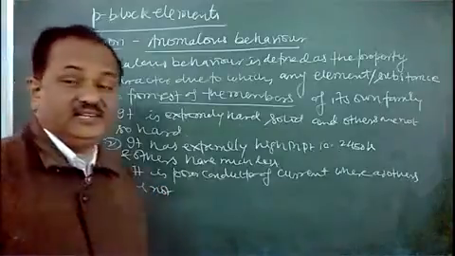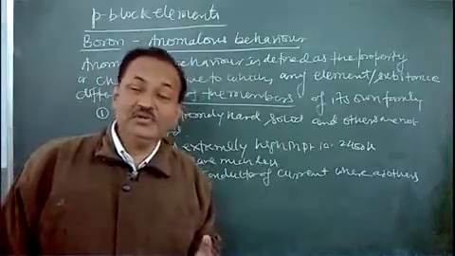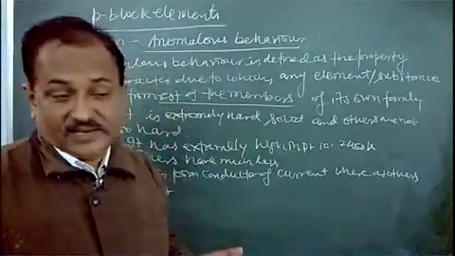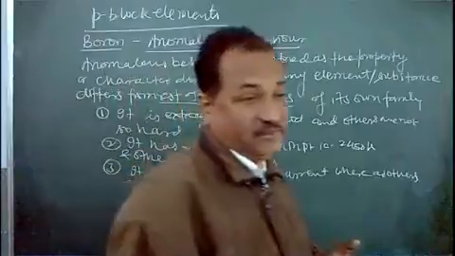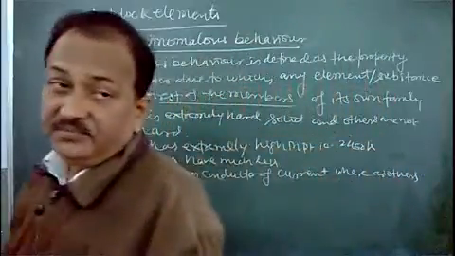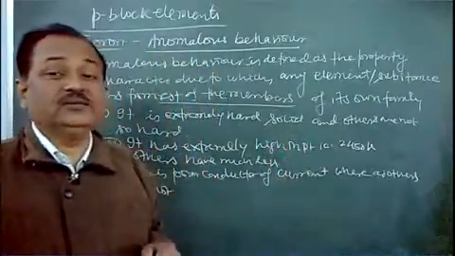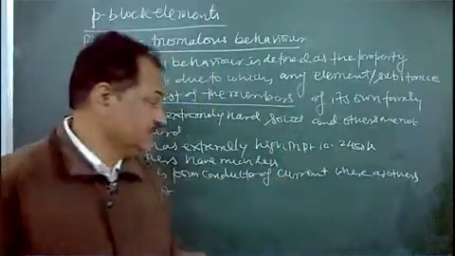They are good conductors. Like, you all know, aluminium is used in making electrical cables. Aluminium is used in making utensils. So boron is also a poor conductor of heat.